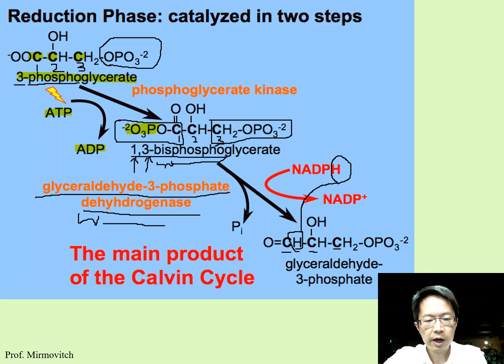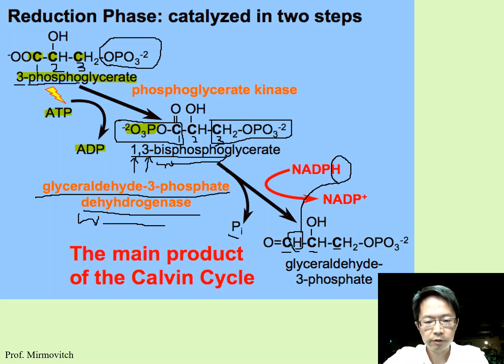It removes hydrogen from NADPH and then adds this hydrogen atom into this gigantic molecule, so that the 1,3-bisphosphoglycerate will become G3P. So the function of this enzyme is to remove the hydrogen atom from NADPH and put this hydrogen atom onto the 1,3-bisphosphoglycerate.